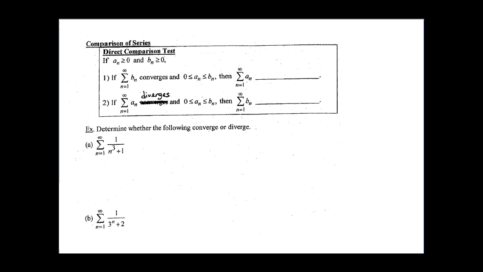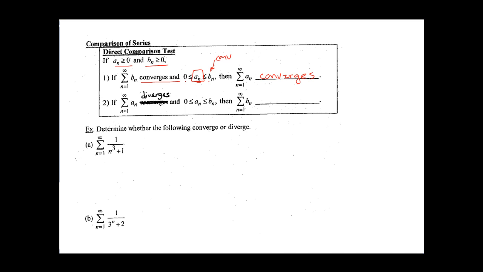We have next a comparison of series, so the direct comparison test. If a sub n is greater than or equal to 0 and b sub n is greater than or equal to 0, if the series with b sub n converges and a sub n is between 0 and b sub n, then since b is converging and it's greater than a, it's forcing a to converge as well.